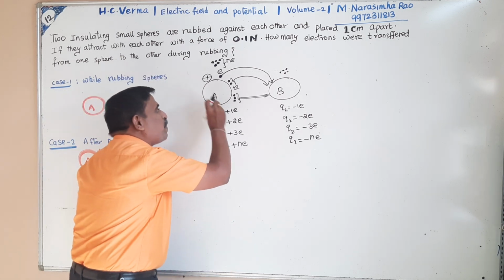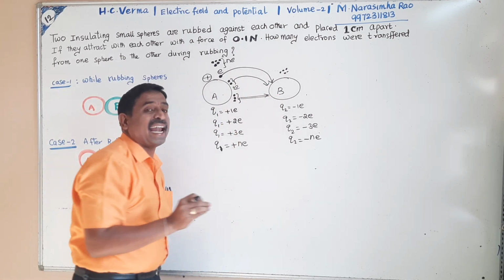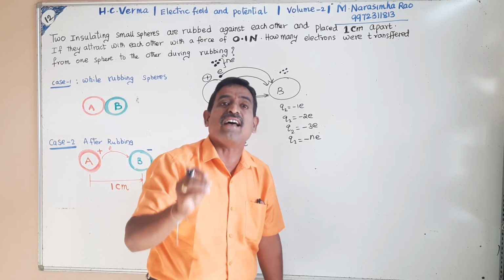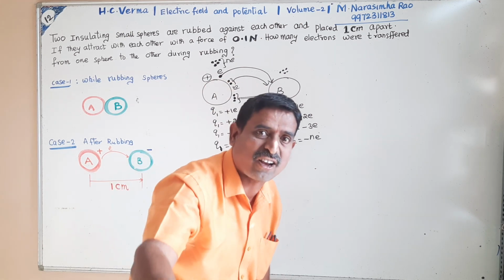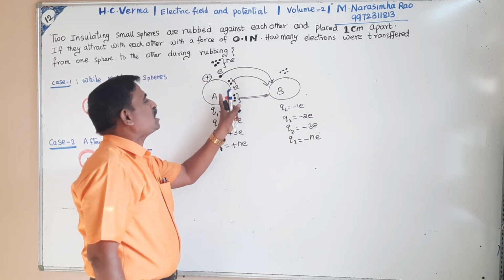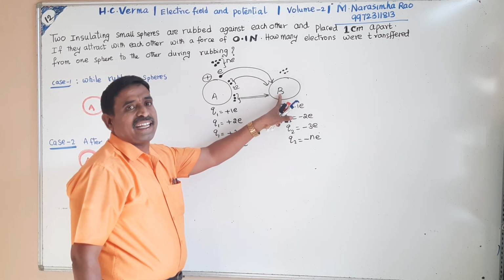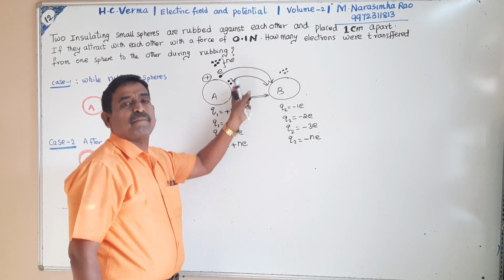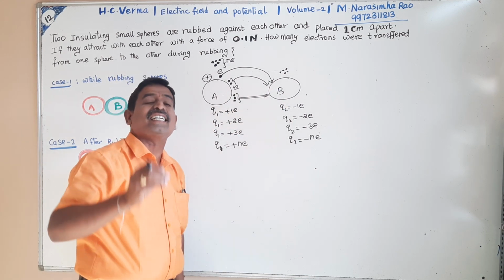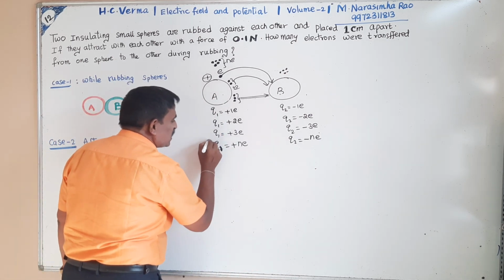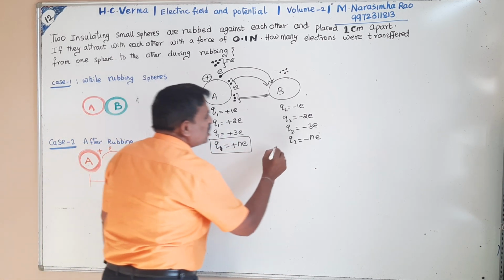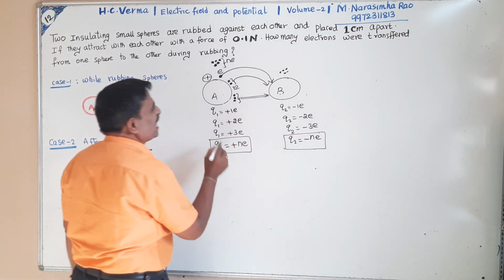Electrons are transferred from one sphere to another sphere in integral multiples of electron charge. This is the quantization of charge. Electron is transferred from here to here: 1e, next time 2e, next time 3e, next time 4e. Now, charge on the first sphere is plus ne, charge on the second sphere is minus ne.